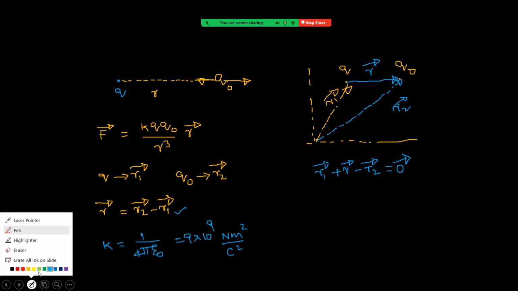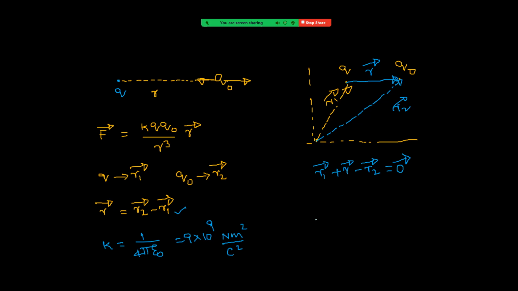Okay. Now in that we can see one more thing, that is epsilon naught. Epsilon naught is known as the permittivity of free space or air.